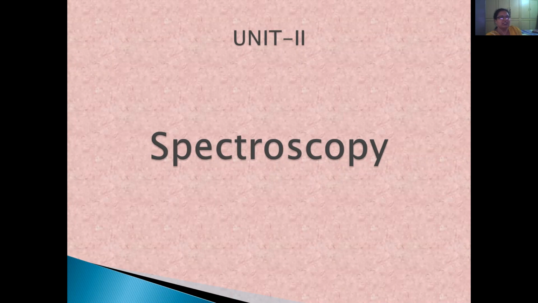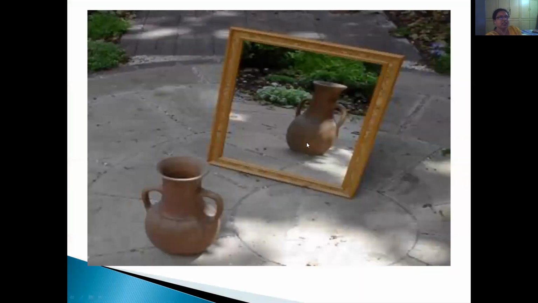So I'll just reveal it to you in our next slide. See, if I place a mirror in front of the pot, then I am able to see where that object is placed, right? So simple trick, that is putting a mirror.